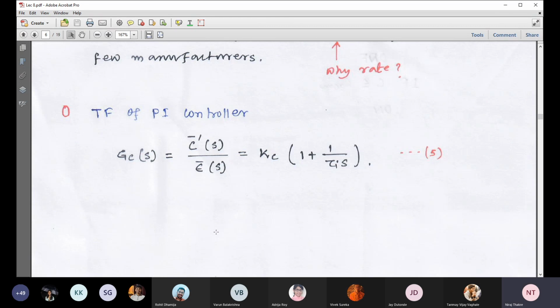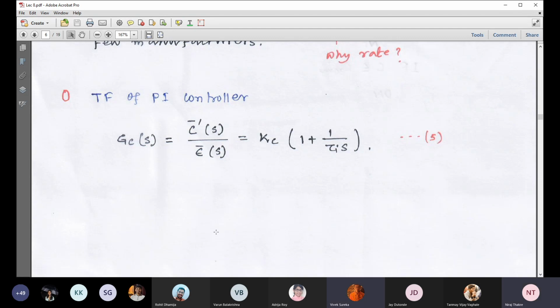Can you elaborate how you got this, Vivek? Okay, anyone else got this expression? Transfer function for PI, student? Yes, sir. Good.